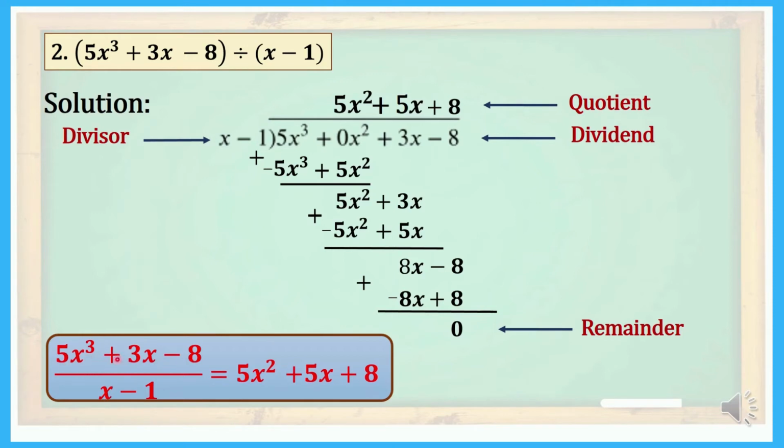X minus 1 is your divisor, or the d of x, equals 5x squared plus 5x plus 8, your quotient, or q of x. So since the remainder is 0, do not write anymore the remainder. So this is your final answer.